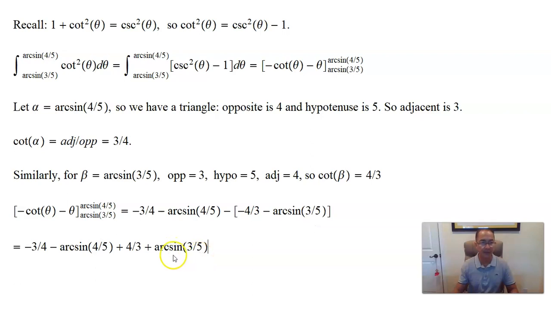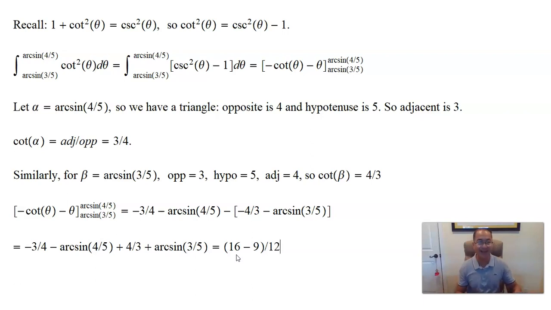All right. So we have 4/3 minus 3/4. Yeah, fun with fractions. That's 16 minus 9 over 12, which is 7 over 12.